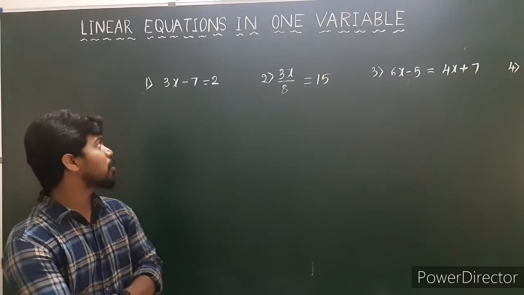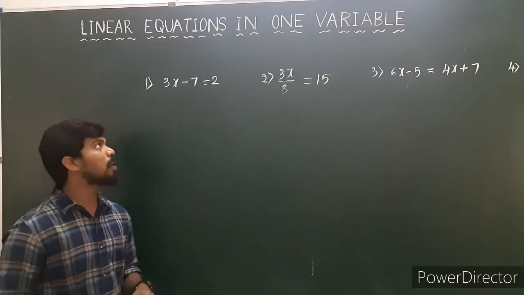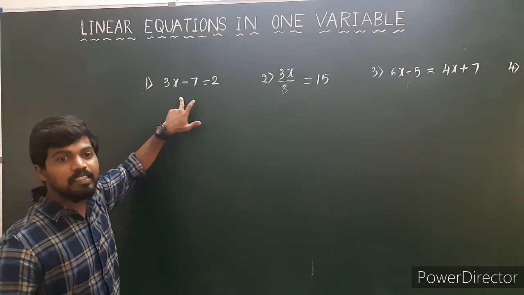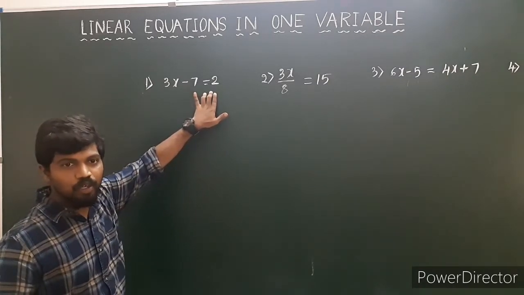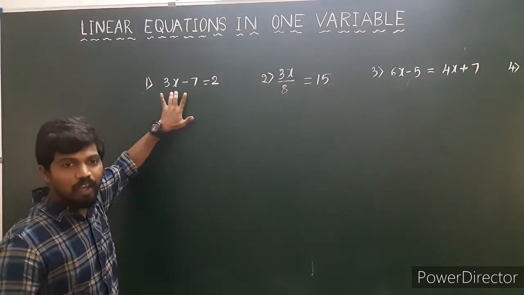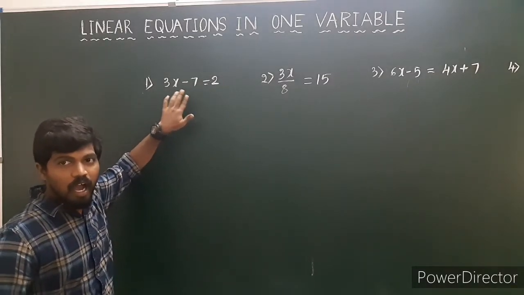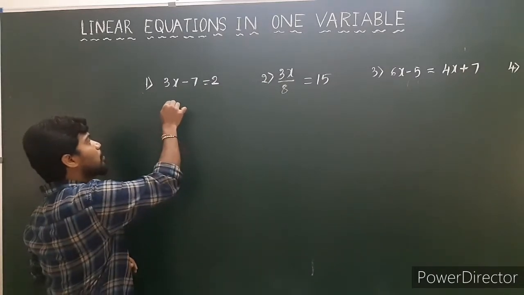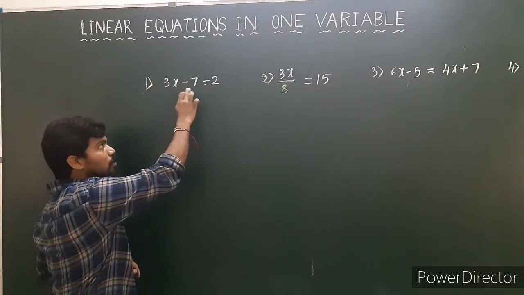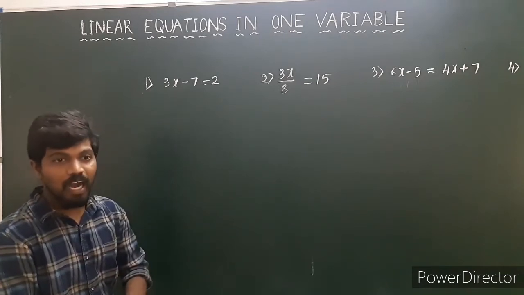Now you see some application of linear equation in one variable. In that, first one, 3x minus 7 equal to 2. So we have to isolate x in the LHS. So 3x, we have to transpose minus 7 to RHS.